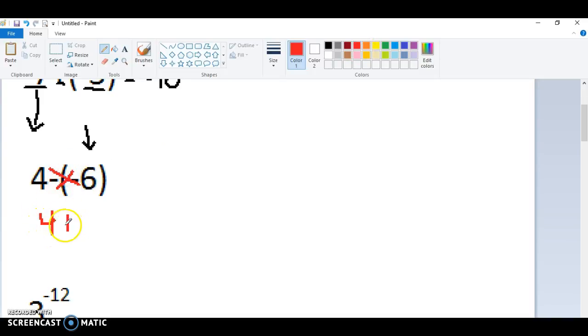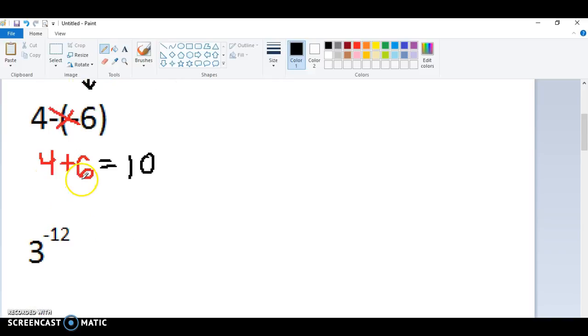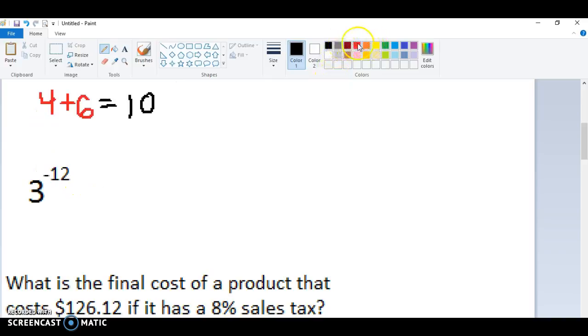So when we have 2 negatives in a row, it makes a plus. So notice in red I've changed it out, and then now I'm going to add 4 plus 6 is 10. So make sure you understand the concept of having 2 negatives in a row.